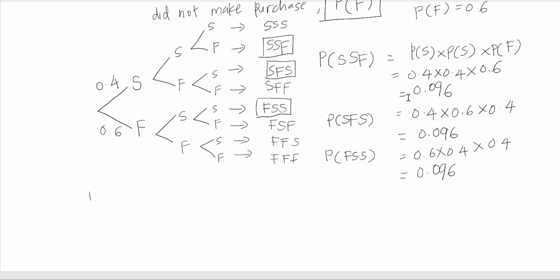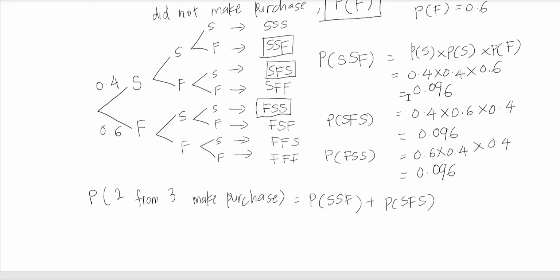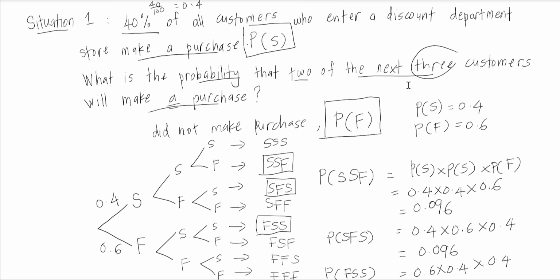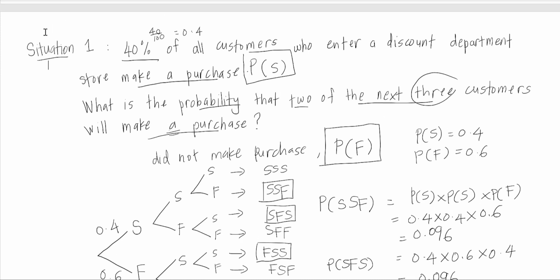That means the probability of 2 from 3 making a purchase is equal to SSF or SFS or FSS. So we get 0.288.